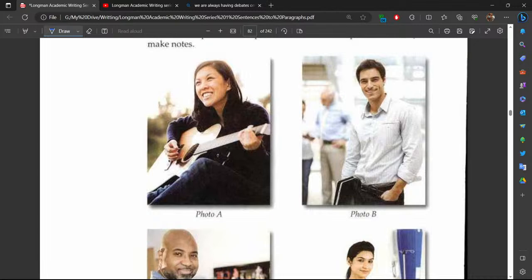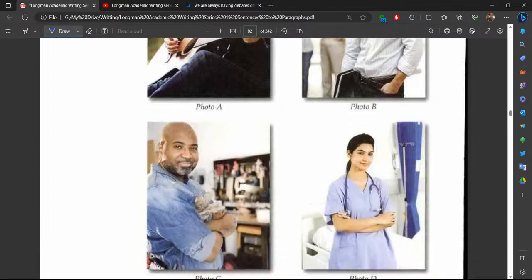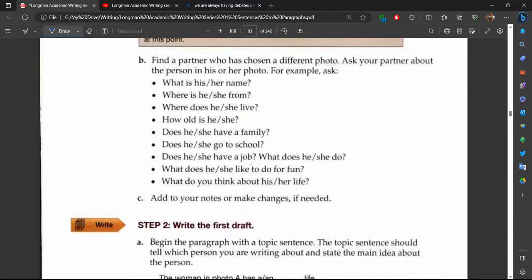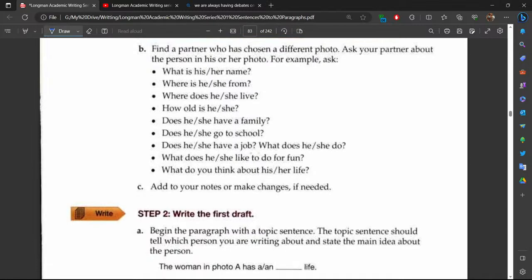Who do you plan to write about? Let's see the next. Find a partner who has chosen a different photo. Ask your partner about the person in his photo. What is her name? Where is she from? Where does she live? How old is she? Does she have a family? Does she go to school? Does she have a job?